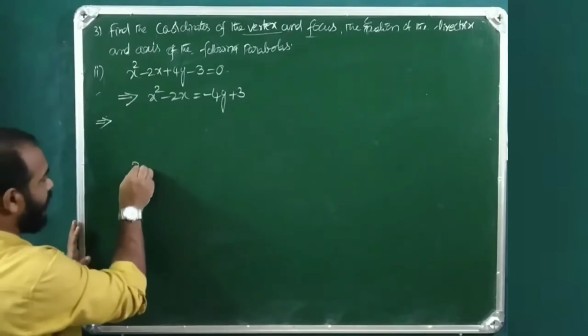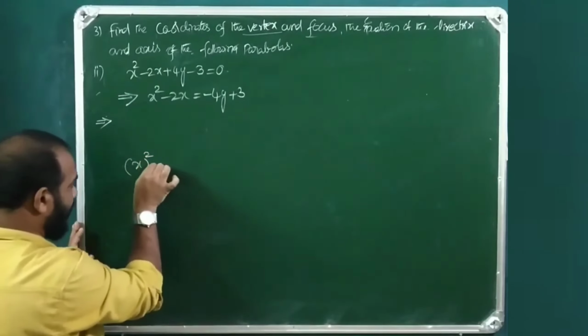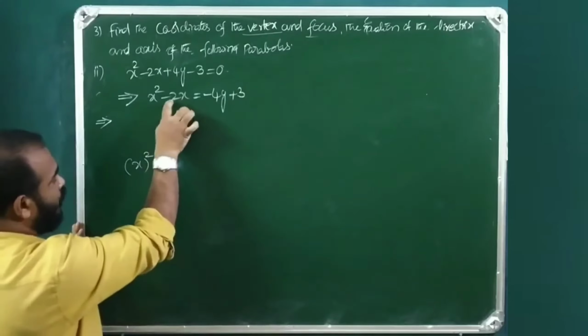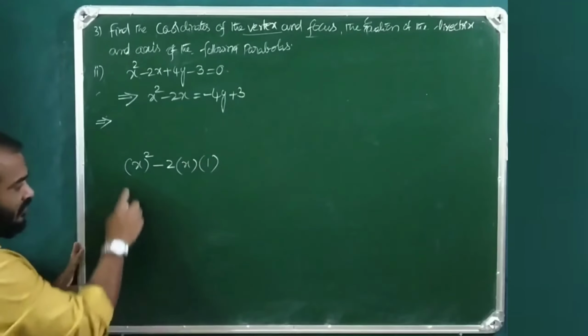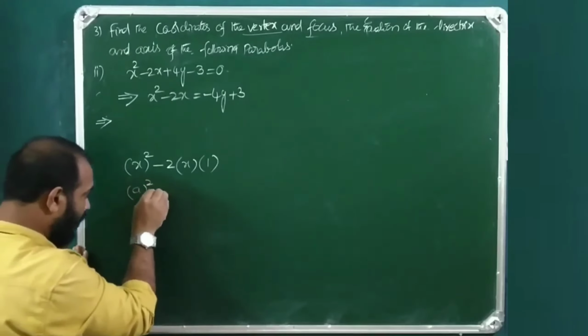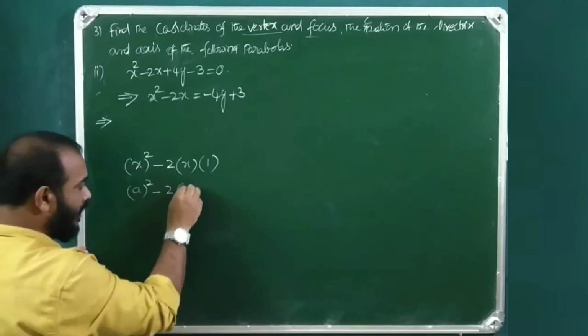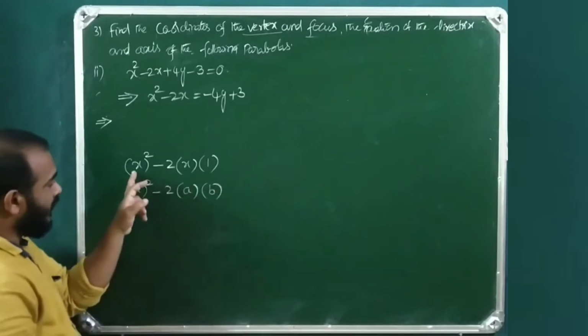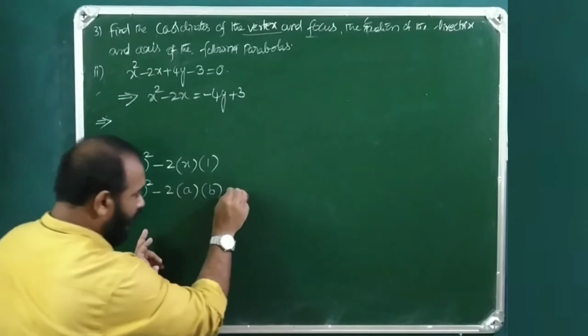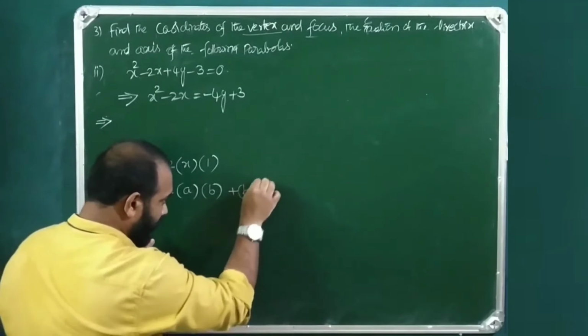So, x square can be written as x whole square minus 2 into x into 1. This is a square minus 2a, this is b, this is b. So, a square minus 2ab plus b square.